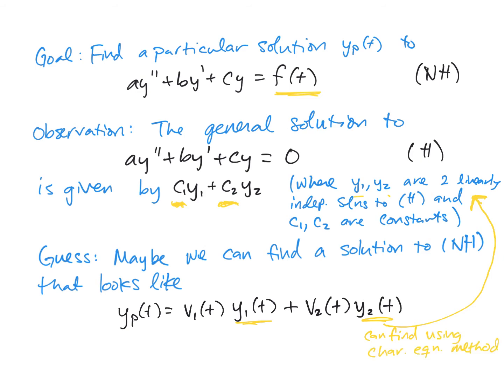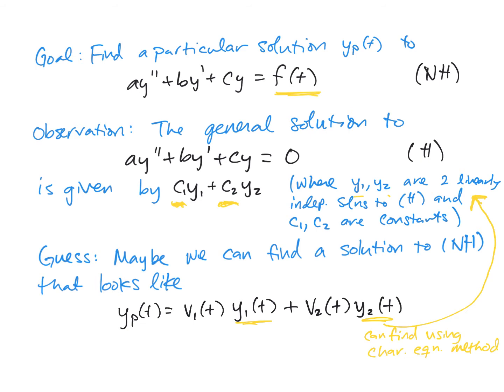So just like we were able to pick a particular c1 and c2 if we had some restrictions on it, like an initial condition, or we were able to do undetermined coefficients if we had some restrictions on what the right-hand side equaled, if we have some restrictions, maybe we'll be able to solve for v1 and v2.